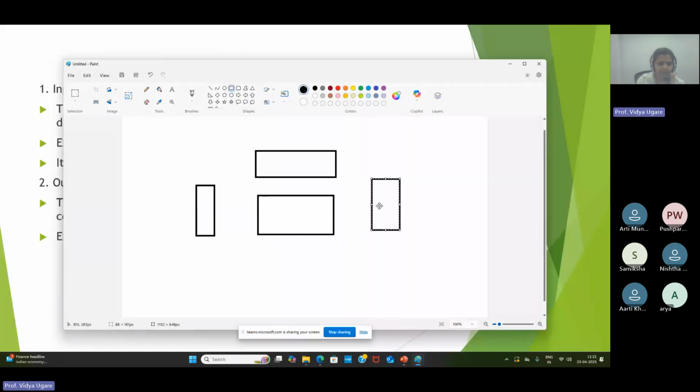Okay, now this is the input unit. This is the output unit, and this is my CPU of the computer, and this is the memory unit of the computer.